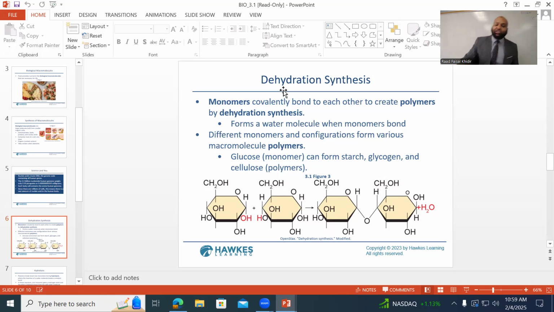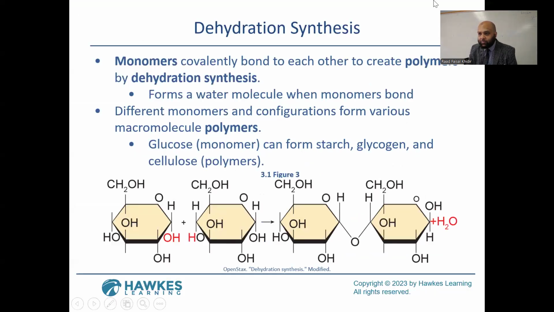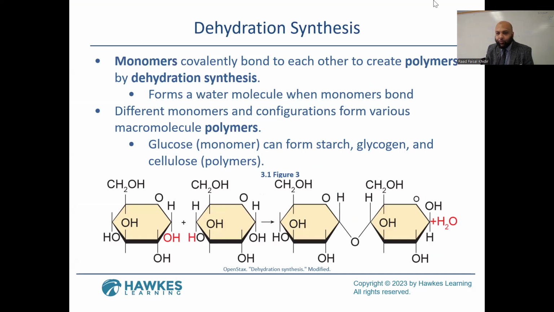So what do we have? We have dehydration synthesis. You don't need to know exactly what kind of sugar that is. Look at what I'm pointing to with my mouse. This is very important.